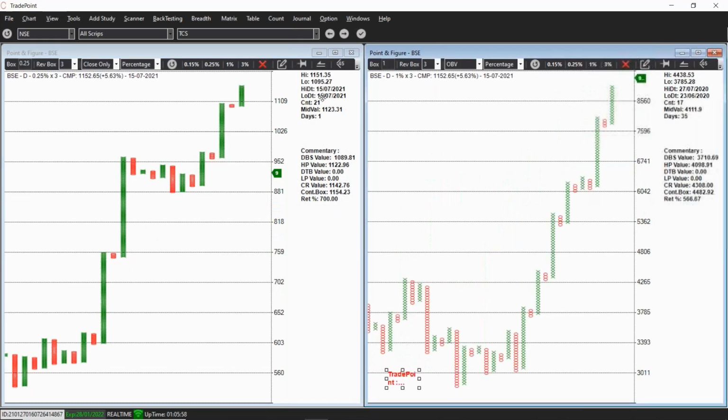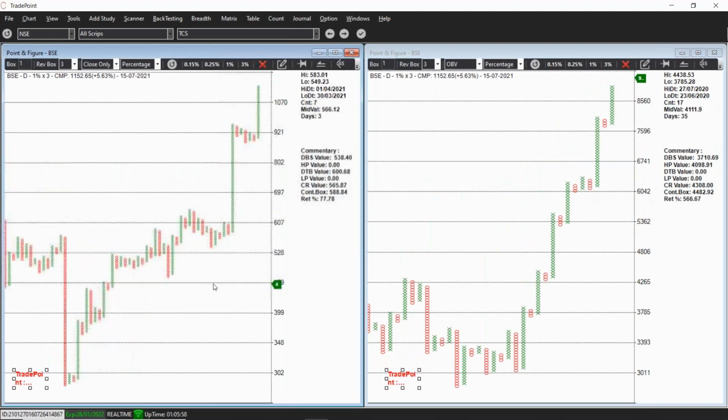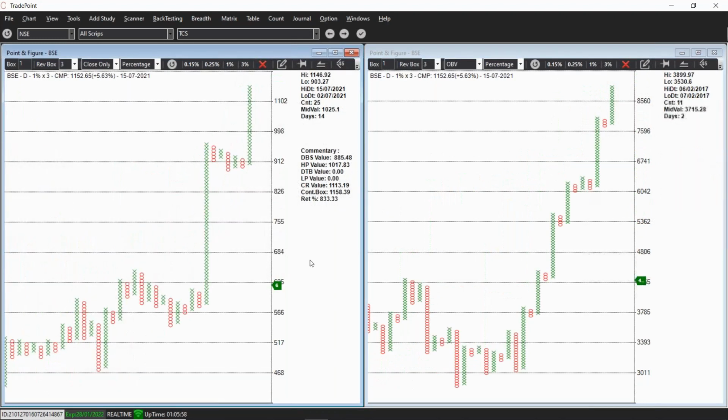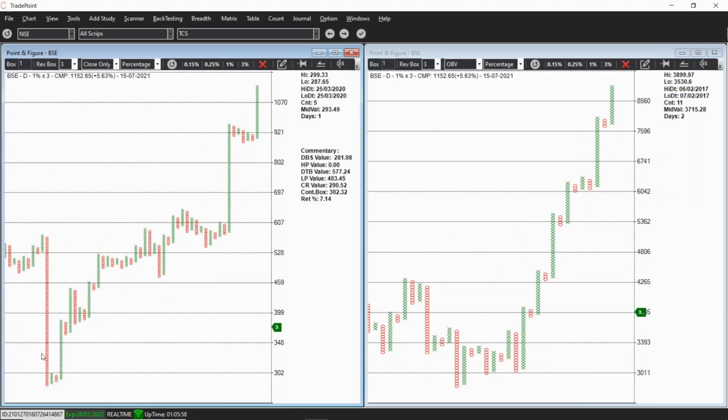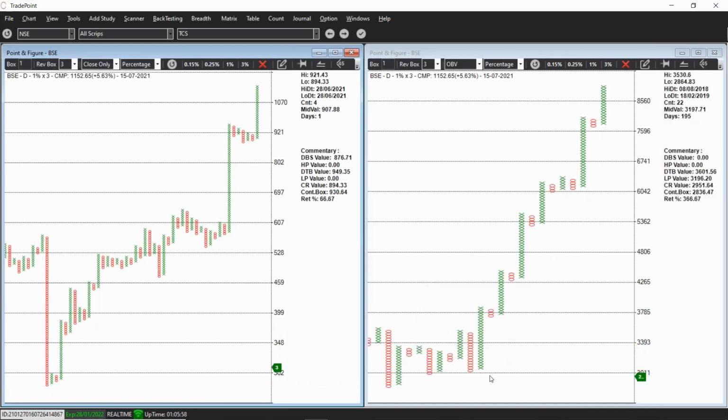Let me increase the box value to explain. Now see, this is the price chart, 1% box value. This is OBV, 1% into 3. So this bottom is somewhere around March 2020 and this is the March 2020 bottom here on the price chart. If you analyze the difference from here, the price chart is bullish and increasing.